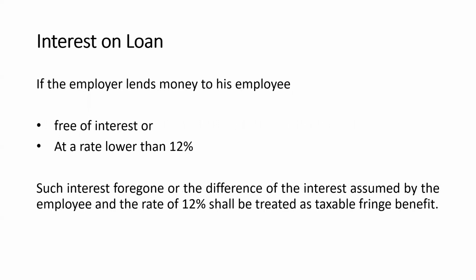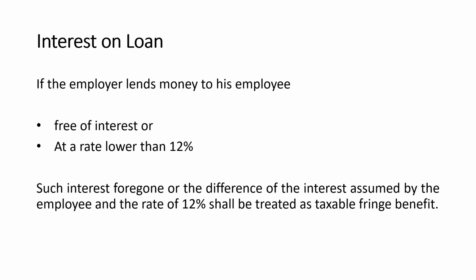Then, interest on loan. Ano bang mayroon dito? Ito yung mga employee loan, no? Yung employer, minsan, meron silang benefit, no? Mas mababang interest kesa umutang ka sa bangko or sa labas.